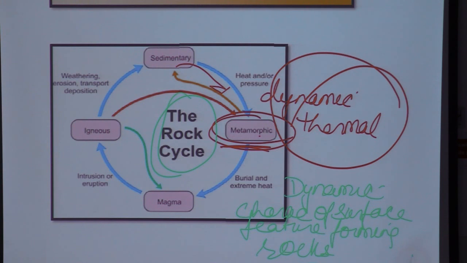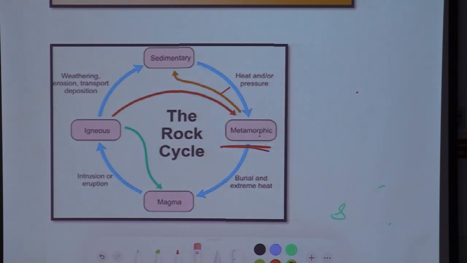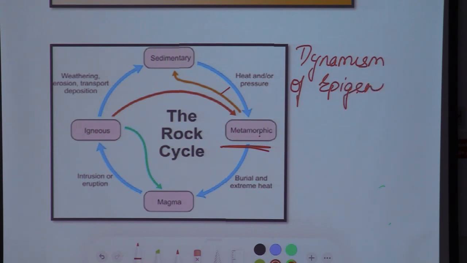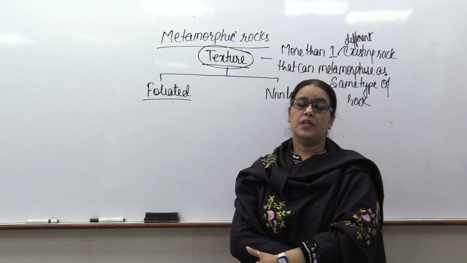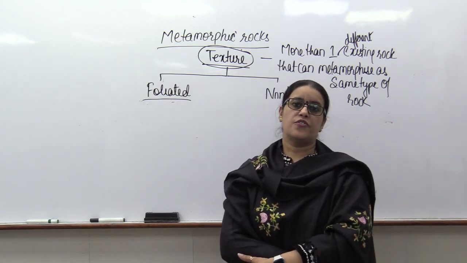And if you combine all of them, we can demarcate the development of the rock cycle as absolutely correlated with the dynamism of epigene and hypogene processes.